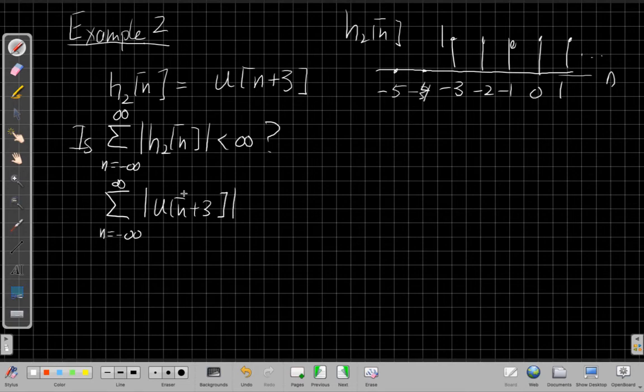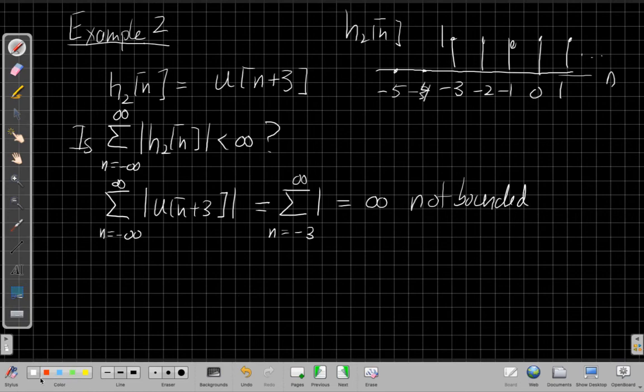But we've seen up here already, right, this unit step is either equal to 0 before -3, or it's equal to 1 everywhere above it. Well, if I take the sum from -3 to infinity of 1, that goes to infinity. So it's not bounded. So the sum of the impulse response here is not bounded.